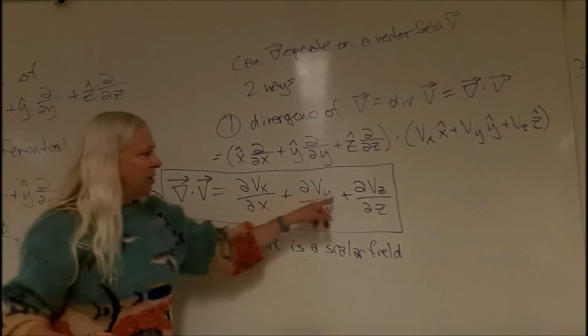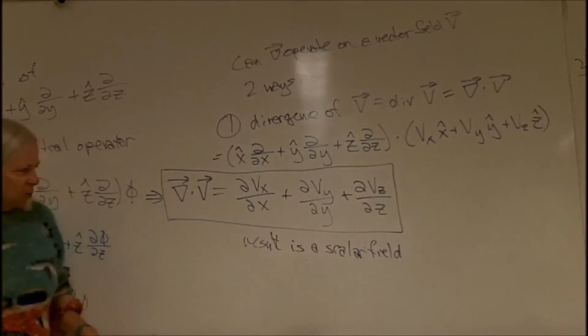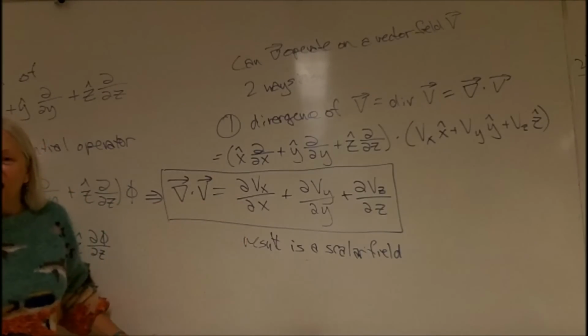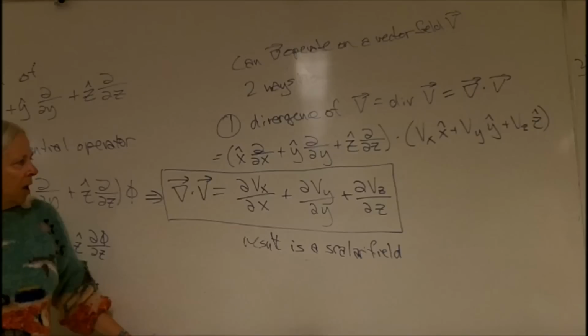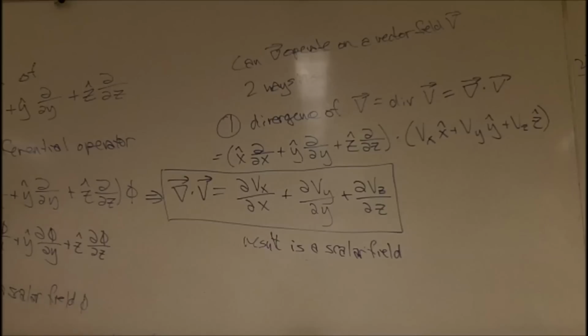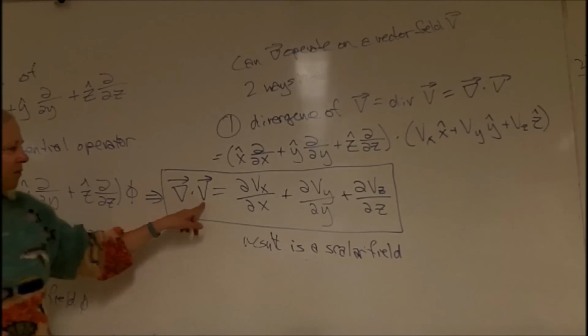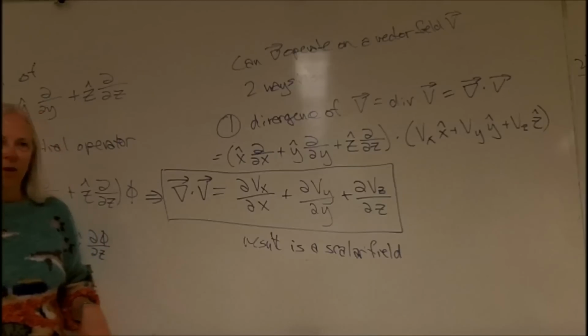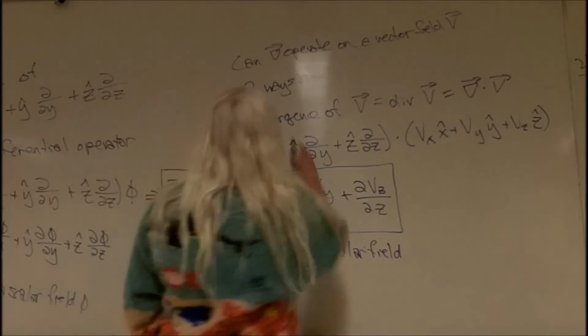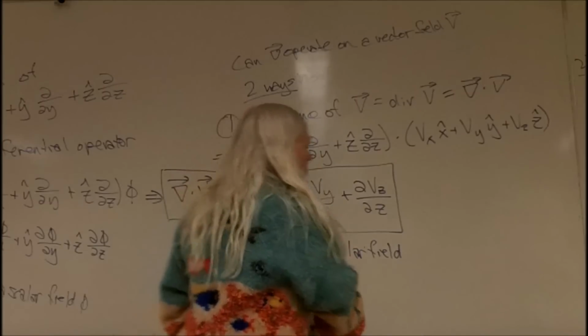But notice there are no unit vectors in the expression here. And so that means whatever I get here at the end is going to be a scalar, not a vector. Just like the dot product of two vectors gives me a scalar. In a similar way, the divergence of a vector field gives me a scalar field. Okay? And I'll show you an example of that in a moment. But let me show you the other way of doing this first.